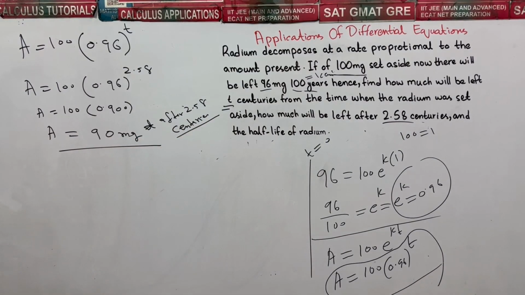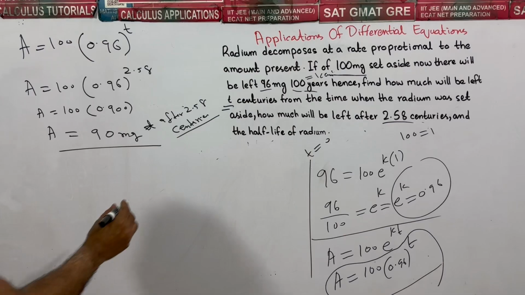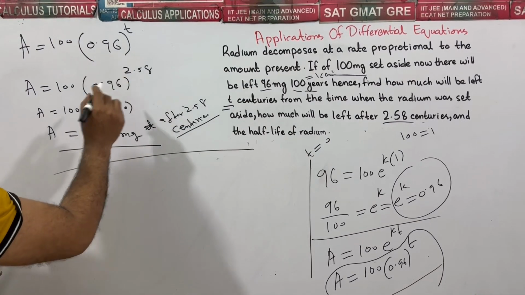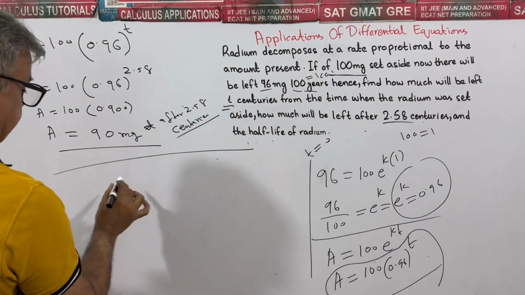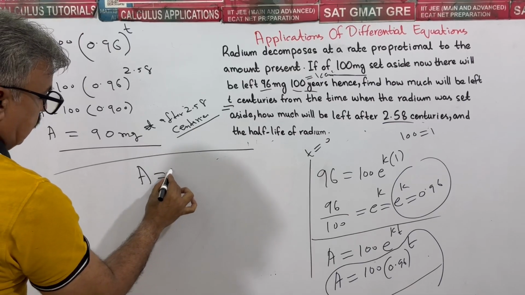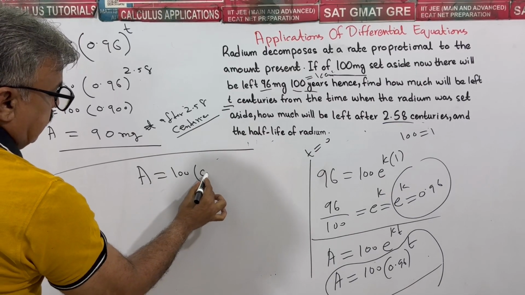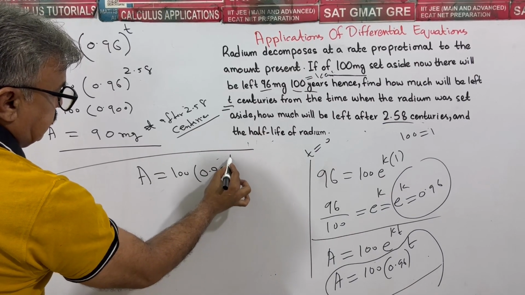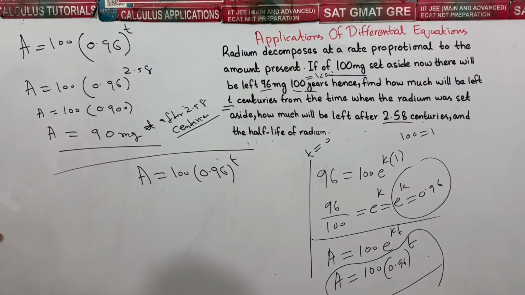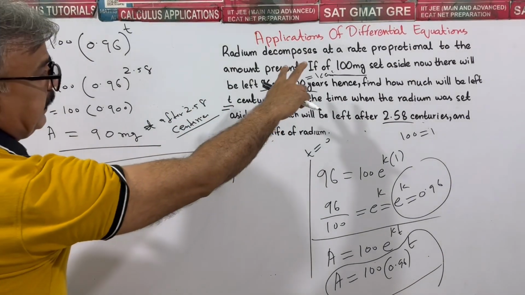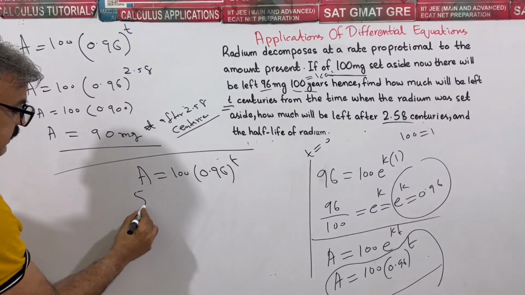Okay, cool. Now let's find the half-life of radium. We have A is equal to 100 times 0.96 raised to t. Half-life means half the amount, so instead of 100, we must have 50.